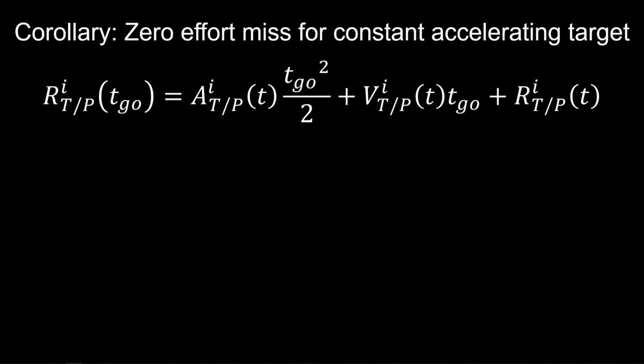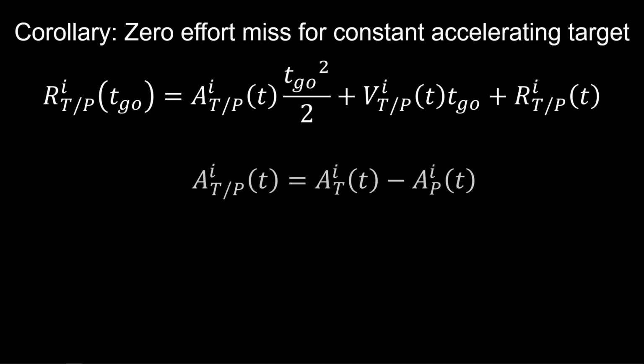Zero effort miss is the miss distance that results at the final time when the pursuer does not accelerate. That is, the pursuer makes no effort. It's a vector quantity that is simply derived from the relative position equation. Here it is, and since zero effort miss means the pursuer does not accelerate, relative acceleration becomes target acceleration.